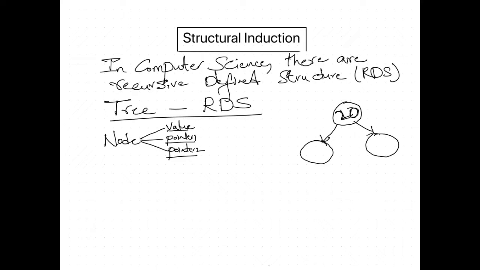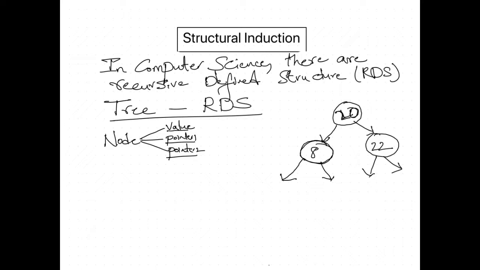So this particular node is associated with the value 8 and this particular node is associated with the value 22. Again, this particular node has got 2 pointers, again 2 pointers. So what does it mean? Every node is recursively pointing to another node with its own pointers.